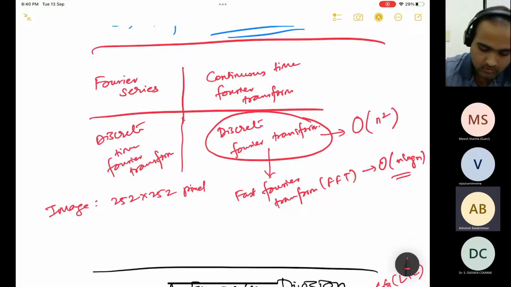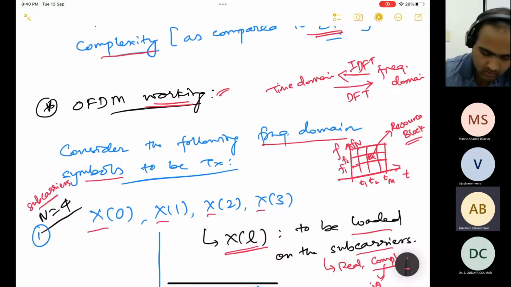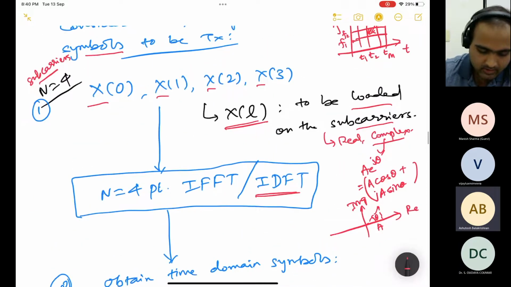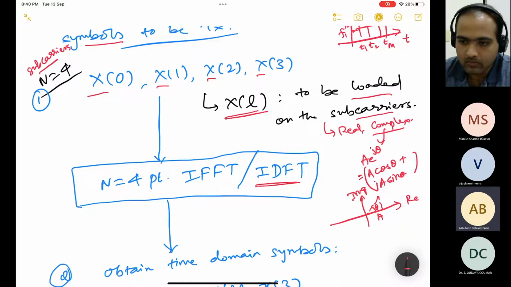So in this course, we will be using DFT and FFT interchangeably, right? Don't get confused. If we say that the frequency domain symbols are converted to time domain symbols through IFFT or IDFT, in mathematics we'll basically be showing the IDFT only, and similarly the DFT.